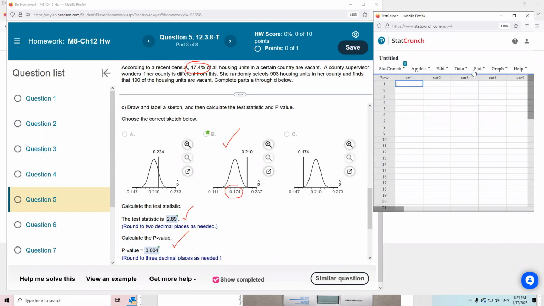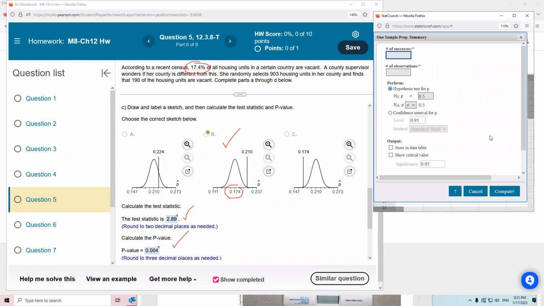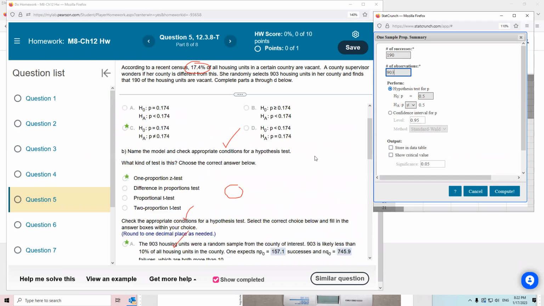The command to use is Stat, Proportion Stats, One Sample, With Summary. In our case, the number of successes, that means the number of vacant units, was 190. The sample size was 903. And now, again, I'm going to copy the null and alternative here. For us, it was 0.174, and the alternative was not equals.